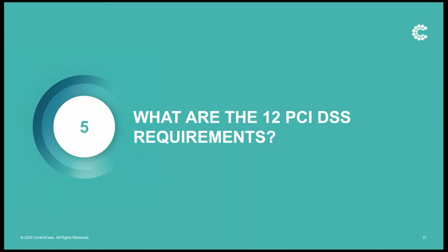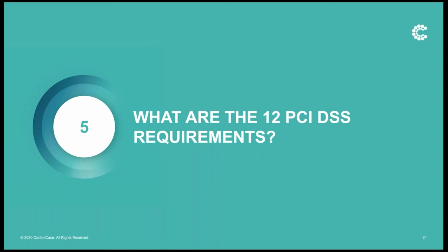Okay, so I talked about the 6 high-level principles which can be looked at as overarching principles for PCI DSS to protect cardholder data in the ecosystem, whether someone stores, processes, or transmits cardholder data.